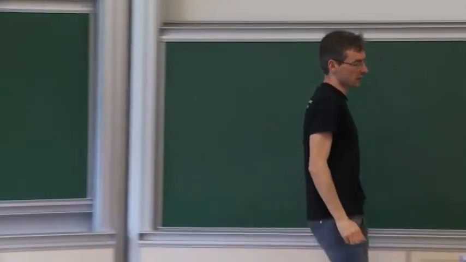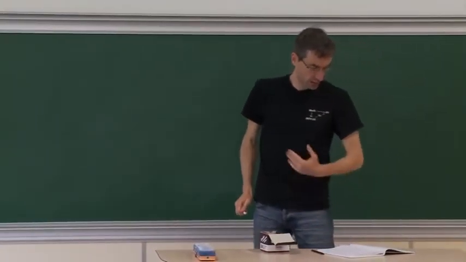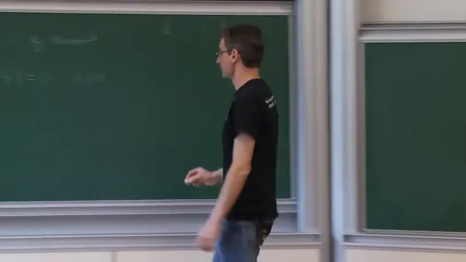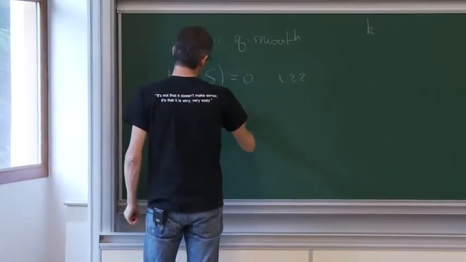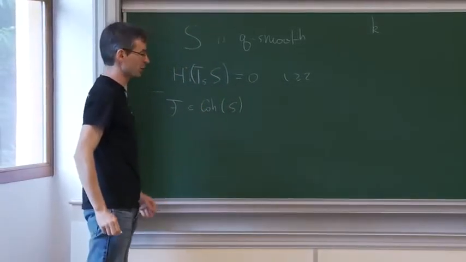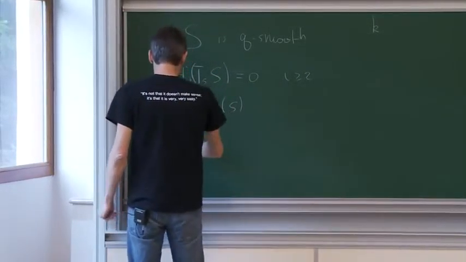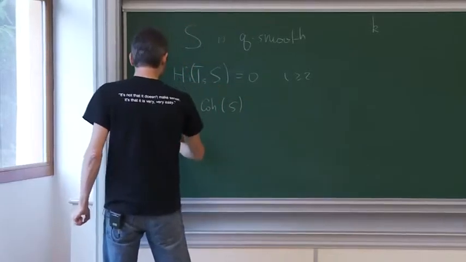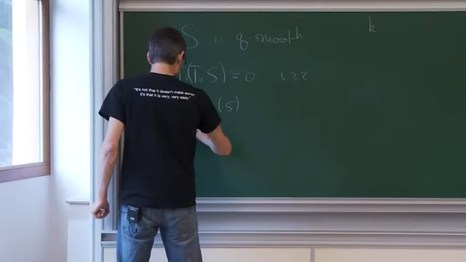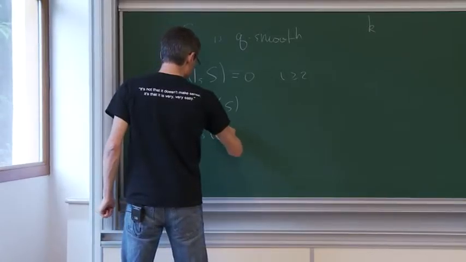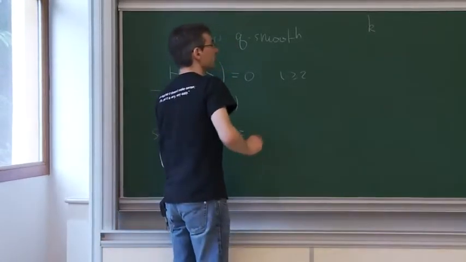In this case, we can define pointwise support of coherent sheaves. If F was a coherent sheaf, and again, when I say that, I mean it's a bounded complex with coherent cohomologies, and S is a point, we defined the singular support at S of F as follows.